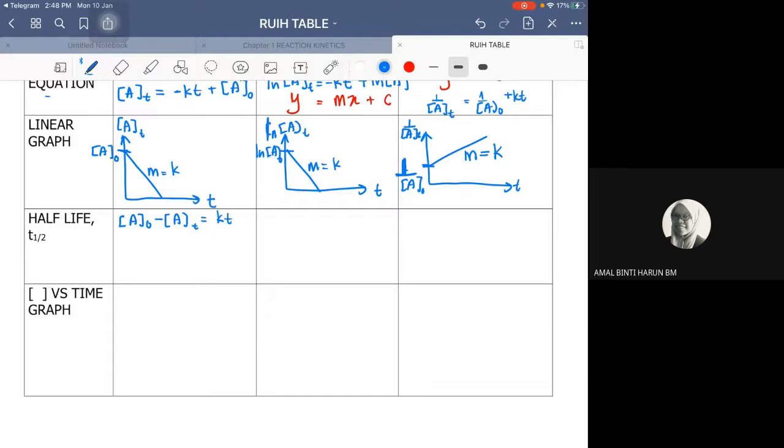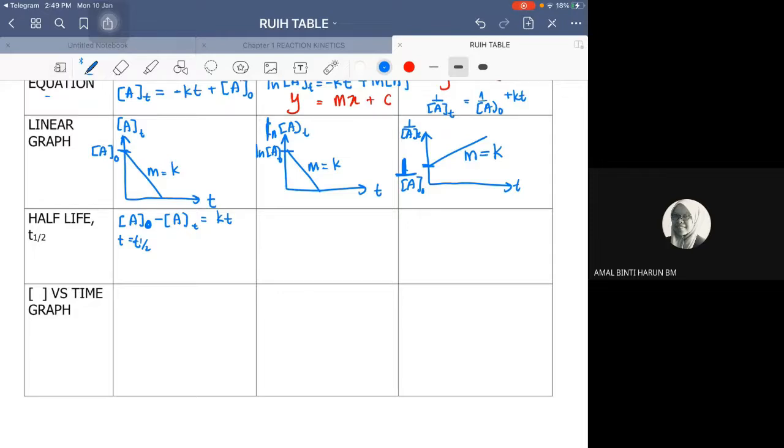So saya tunjuk cara je lah. Katakan pada T ni, half-life dia, T ni, okay, yang kosong ni, ini adalah initial. T ni dia jadi adalah T semasa concentration menjadi setengah, separuh, half, become half.